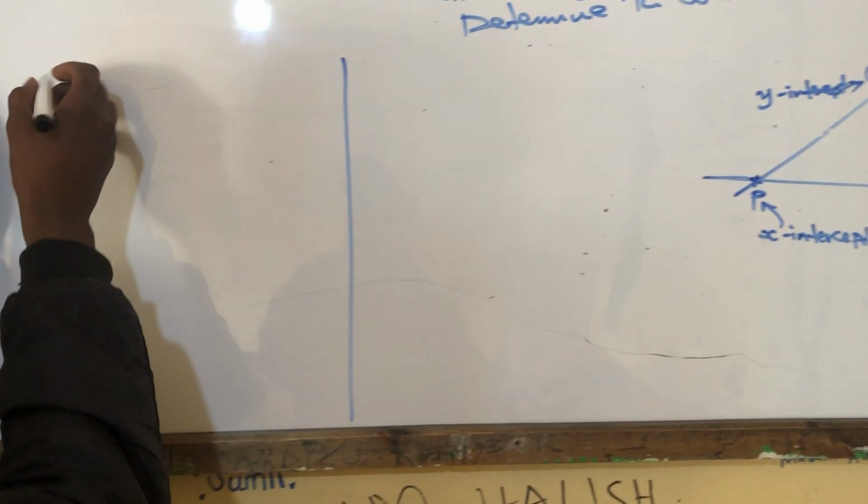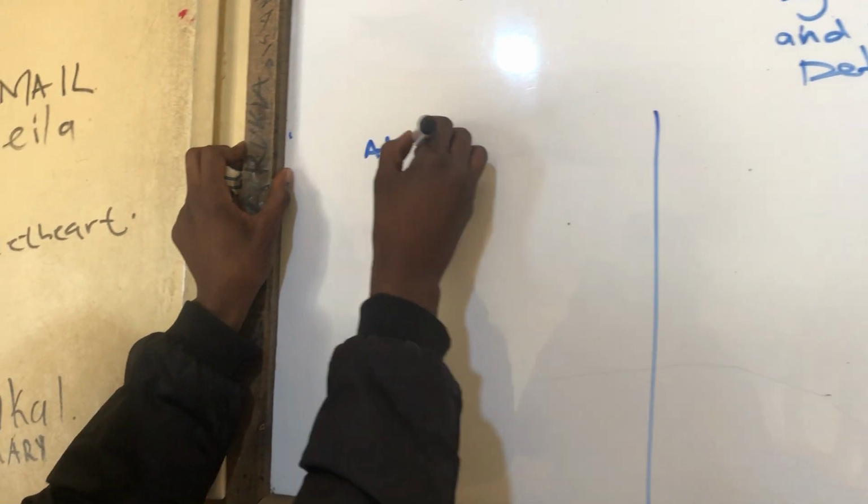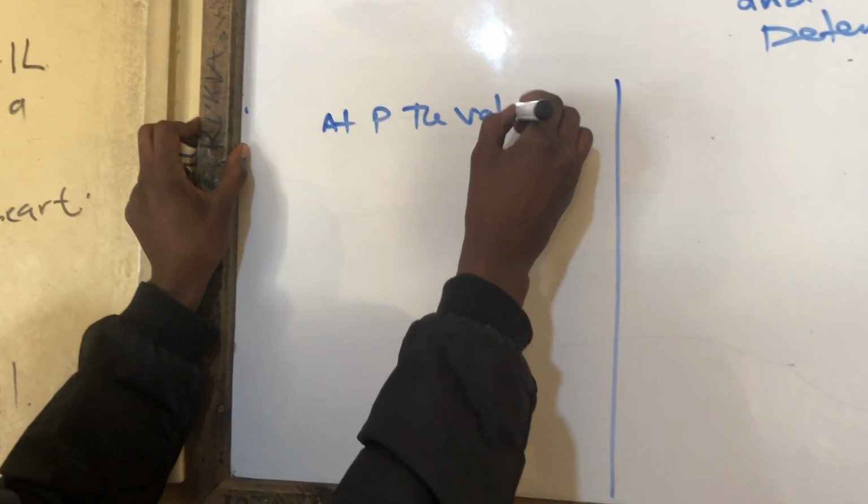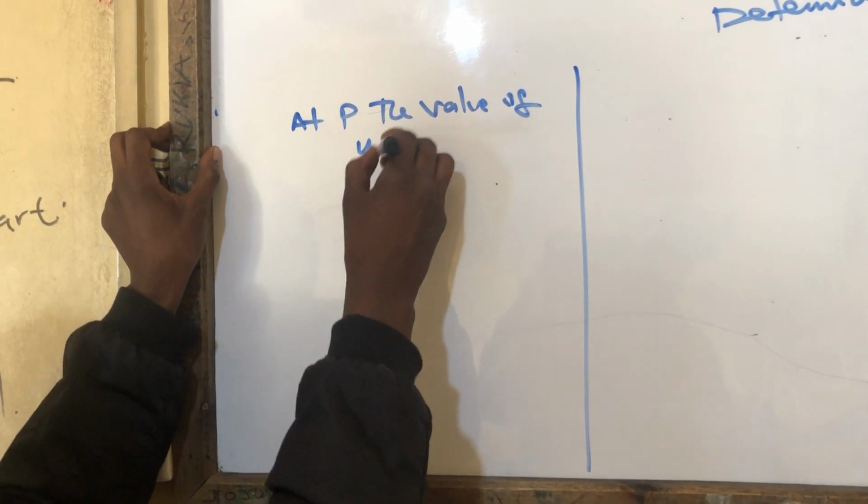Because P is the x-intercept, we need to know that at P, the value of y would be 0.